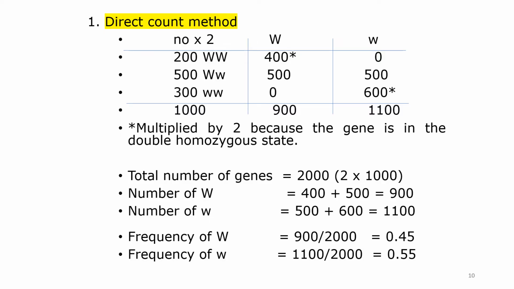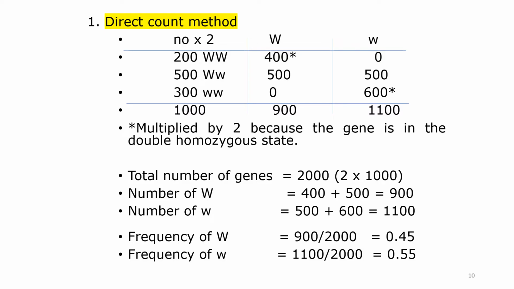So in this genotype, from this number of animals, we have 400 capital W alleles. And why is that? It's because we multiplied by 2 because the gene is in the double zygote state. Small w is not counted because it's not existing here.